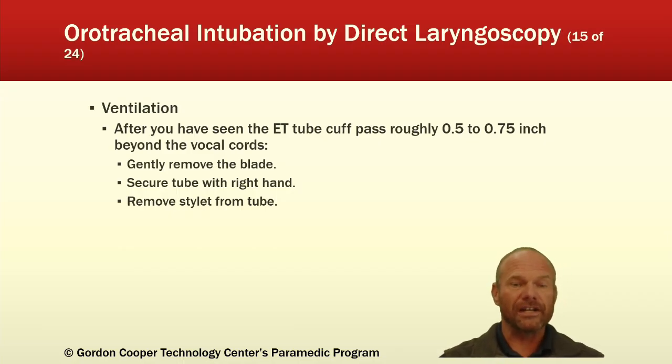Make sure that you gently take out that blade while keeping the ET tube in place. Also, always firmly with your right hand, make sure that you do not let go of your tube. When I say firmly with your right hand, I mean hold on to it. Make sure you do not let go of your tube. And then remove the stylet, carefully take the stylet out of the ET tube, and we're going to start preparing for ventilation.